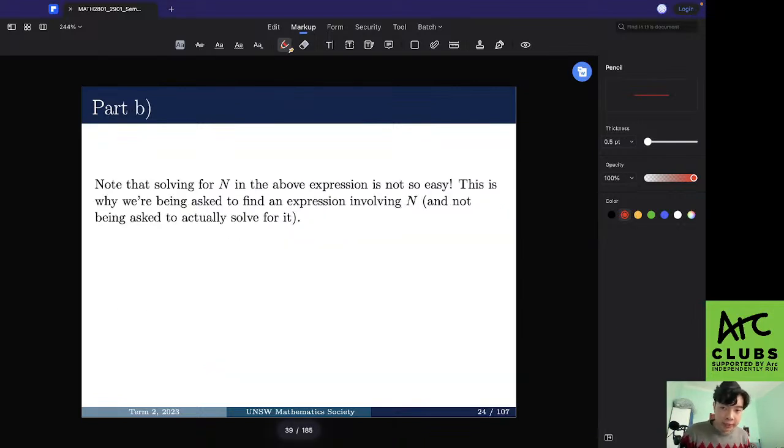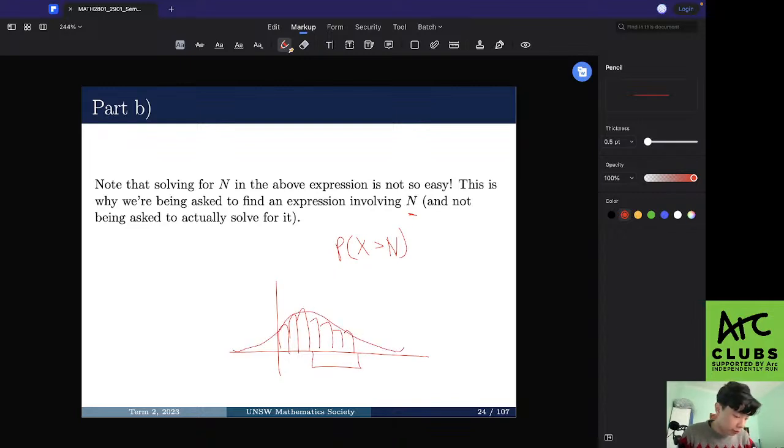So instead, the way we can do this is we can make n be in terms of a normal distribution, right? Because binomials can be approximated with a normal distribution, and that allows us to find the probability of x being greater than n much easier, because instead of having to, in this graph, count up every single bar, we can just have a normal curve and then use something like a z-table or maybe an R output to be able to find this probability.